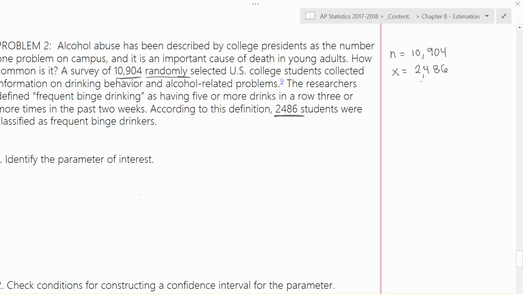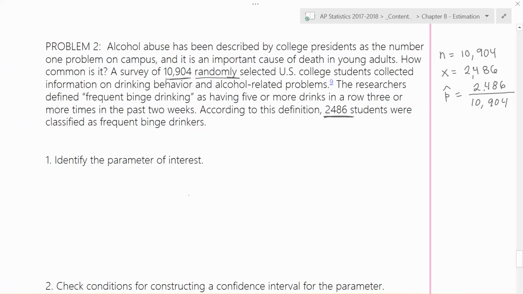And then with that, we would be able to calculate the sample proportion. So if we complete that piece, we find that the sample proportion of binge drinkers in this sample is 0.23 or 23%. So that's the number we're going to work with to try to create our confidence interval. That's our best estimate for the true parameter.